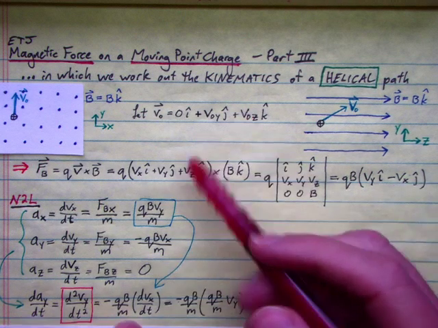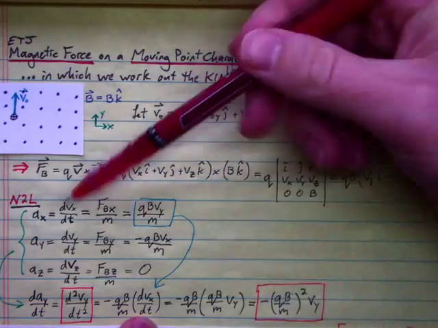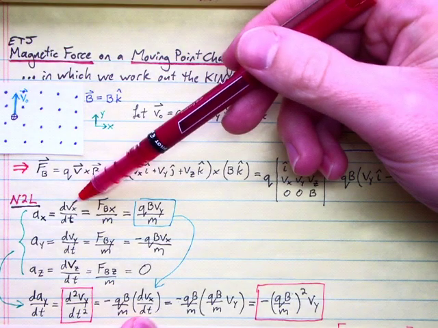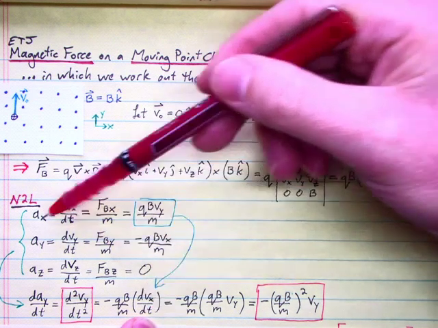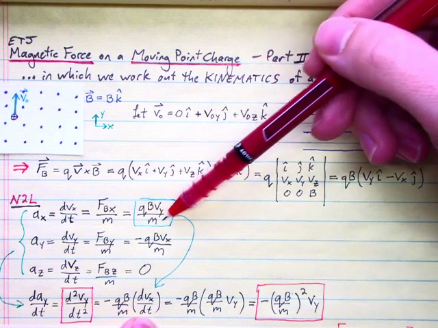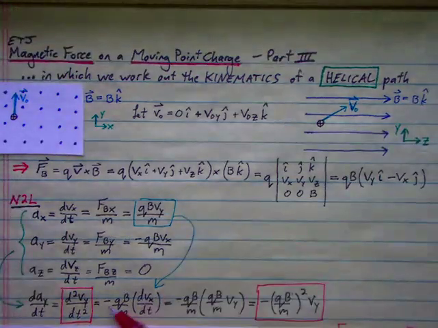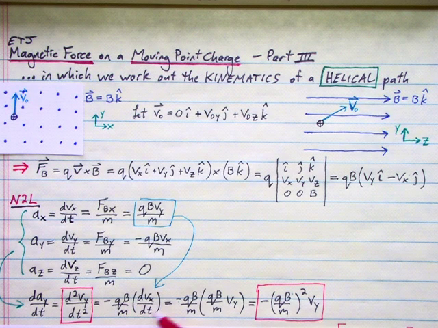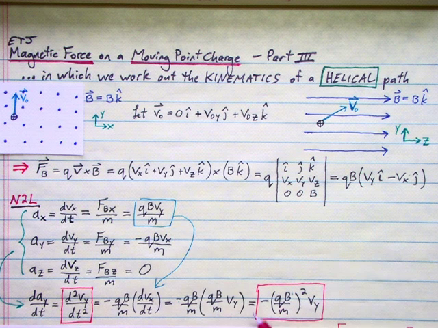And now note, it depends on dVx/dt, which is a term that also appears way up here in Newton's second law. dVx/dt is just ax, which is given by this here, qB Vy over m. So I'm going to sub that into here, and so we have the negative qB over m times qB over m times Vy, which comes to negative qB over m squared times Vy.